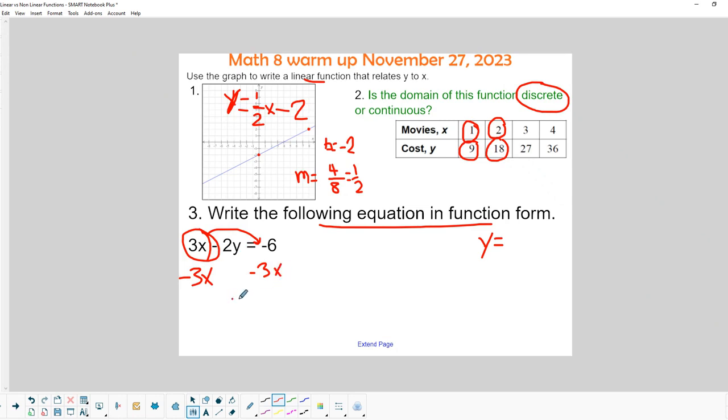So we'll end up with -2y equals -3x minus 6. Then we're going to divide both sides by -2.